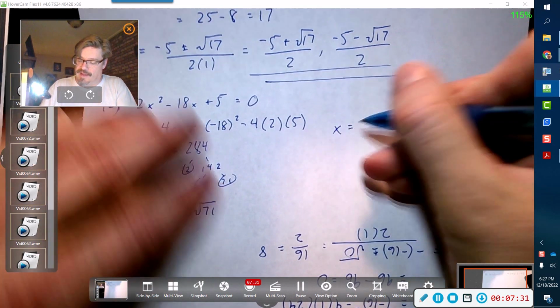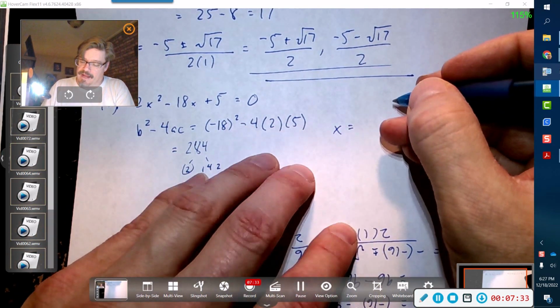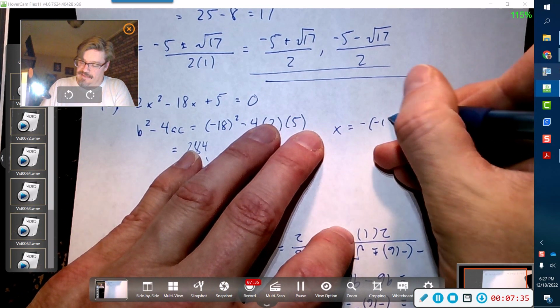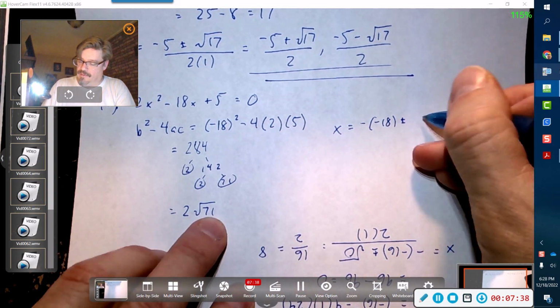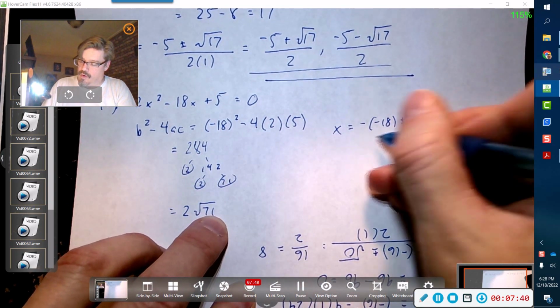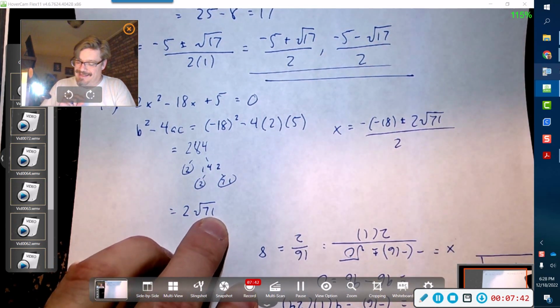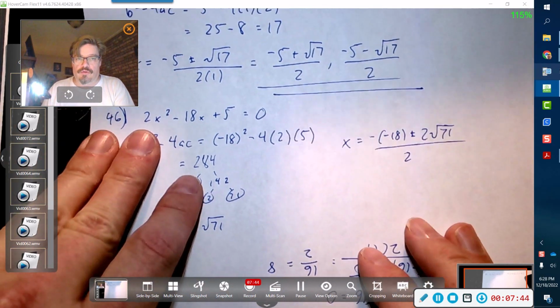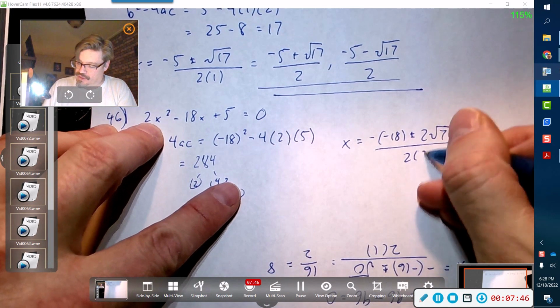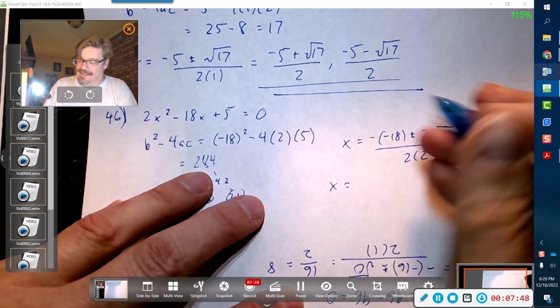So let's go x equals negative b, which is a negative 18, plus or minus 2 radical 71 over 2 times 2, right? 2a, so 2 times 2. Alright, now I'm just taking the time to do this carefully.